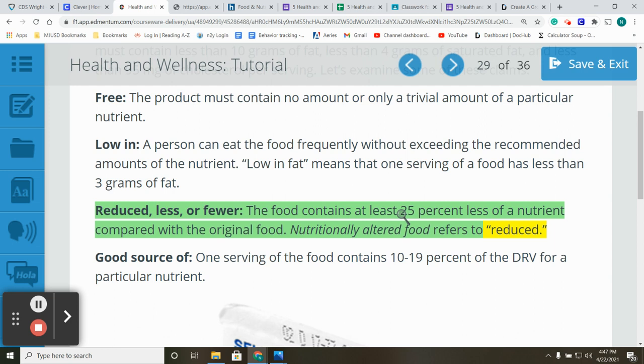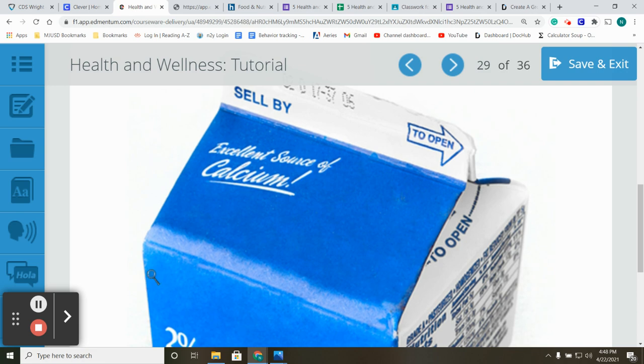And we can figure out if it's 25% less by going to calculatorsoup.com and utilizing their calculators to find out. Do the math. Good source of. One serving of the food contains 10 to 19% of the daily recommended value for a particular nutrient.